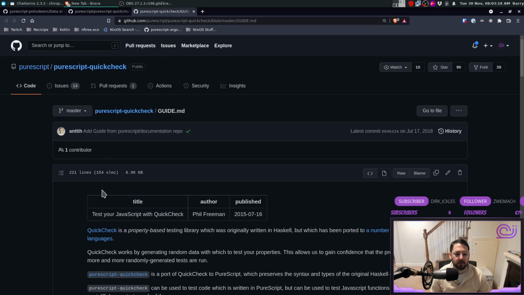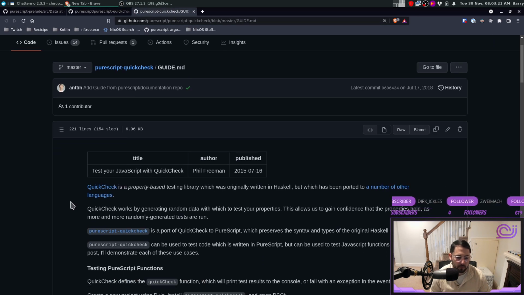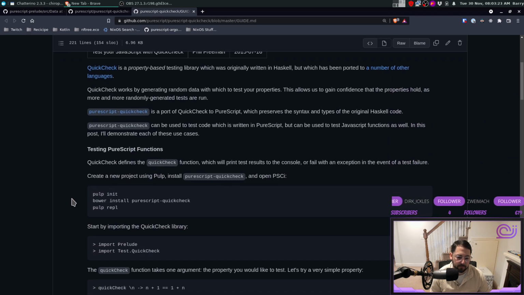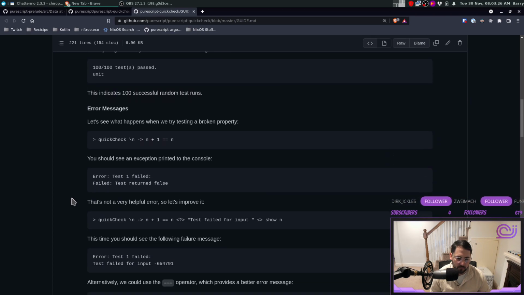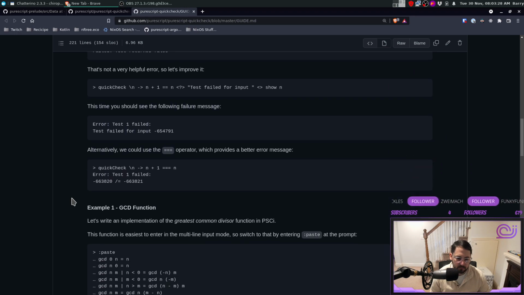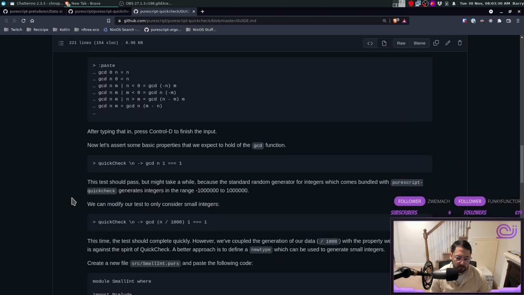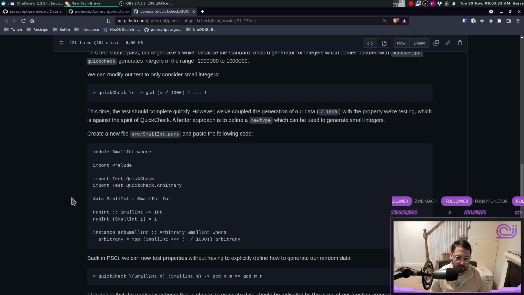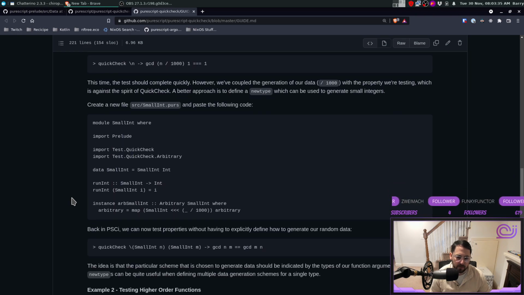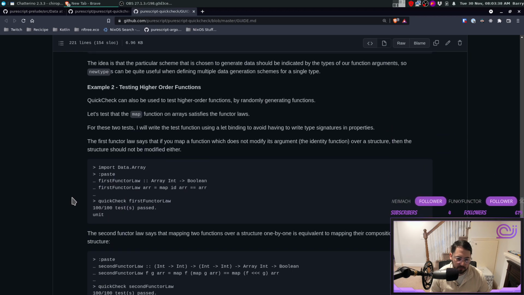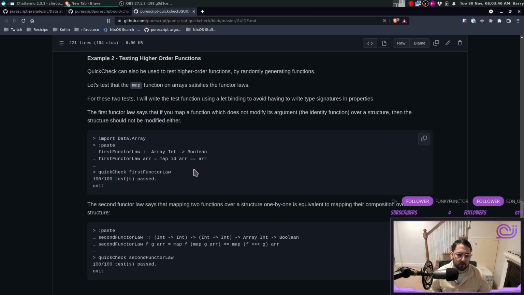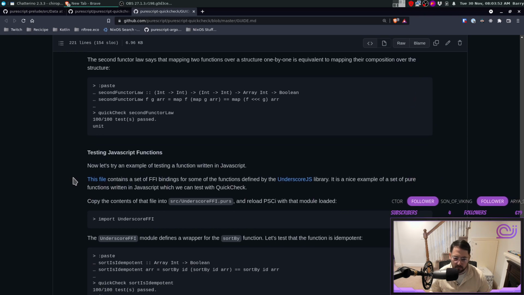Let's see if it does any properties, or sorry, if it does any laws. All right, arbitraries. Cool. Okay, so first functor law. No, this is like us defining this.